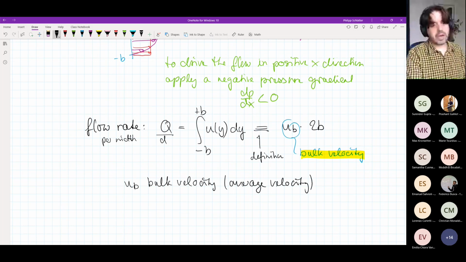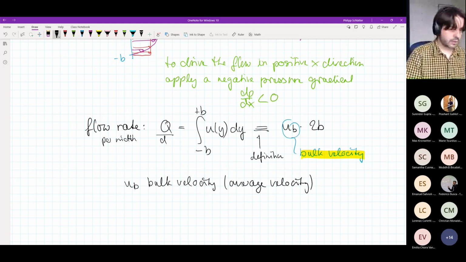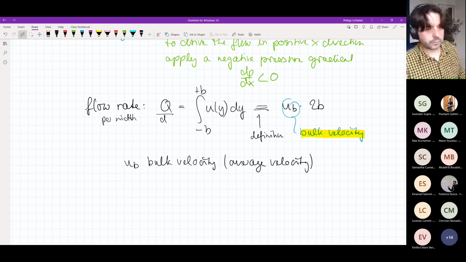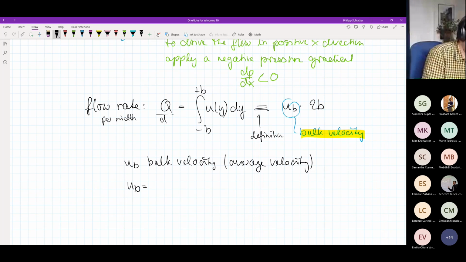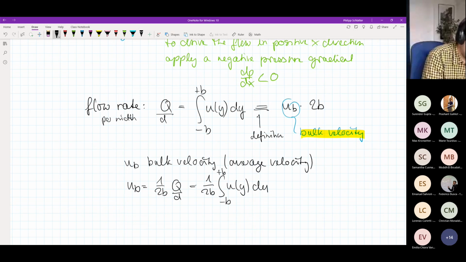And of course, now we can actually calculate it for this example of plane Poiseuille flow. Well, maybe first I can just write the definition. So UB, if I'm just isolating this, would be 1 divided by 2b of Q over D again, which would be the same as 1 divided by 2b of the integral from minus b to plus b of u of y times dy.